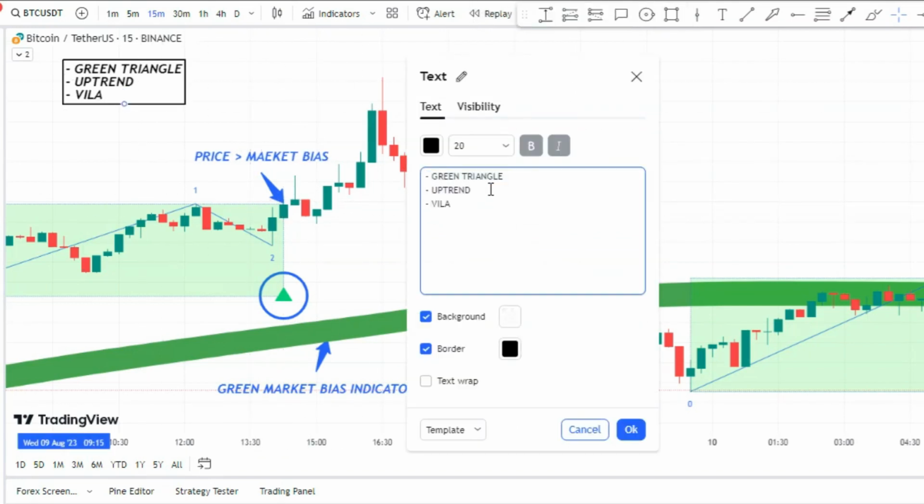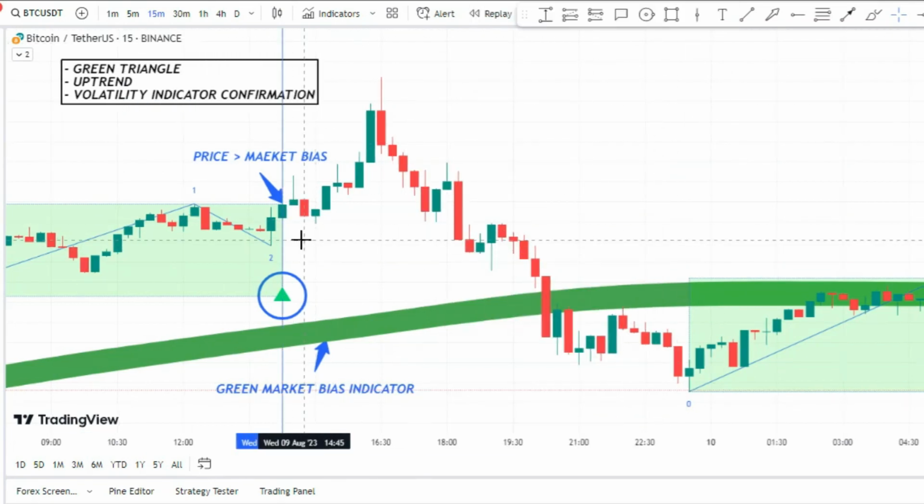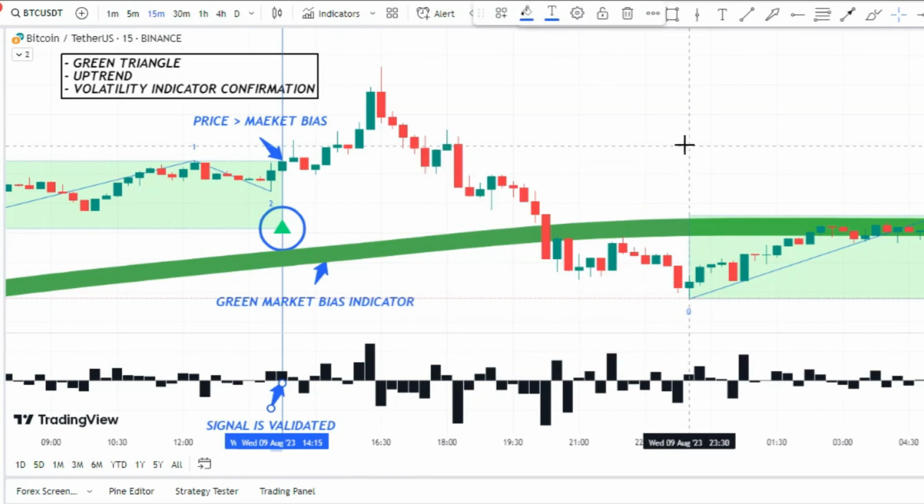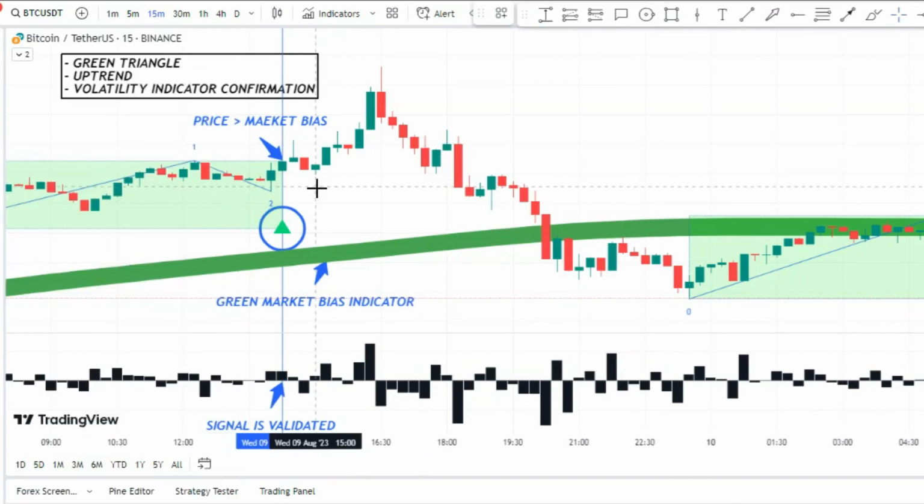Next, keep your eyes peeled for the histogram on the volatility oscillator. It should be hanging out above that zero line. When all these pieces fall into place, you've got the green light to think about entering the trade.